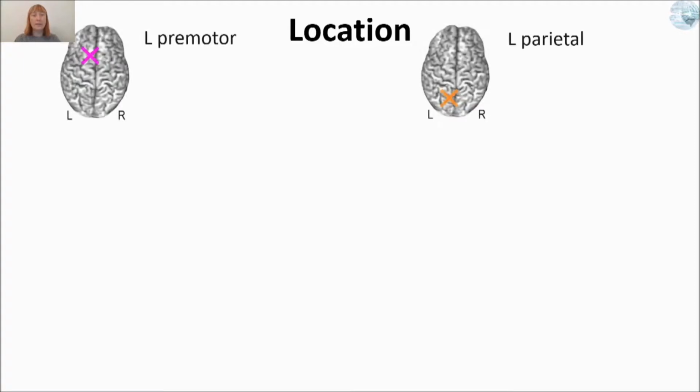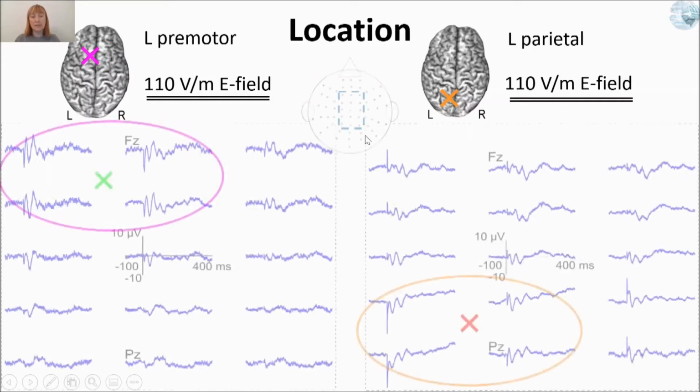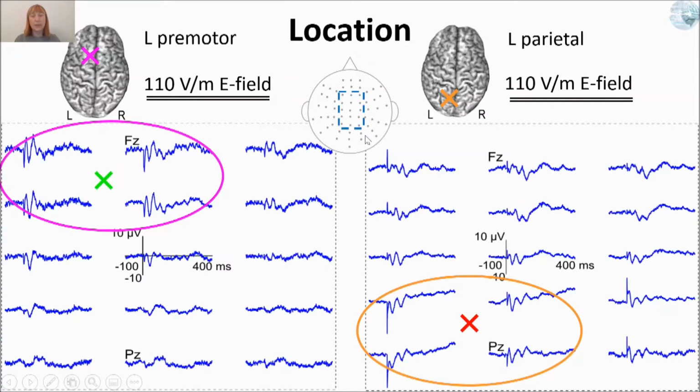If we apply this procedure when running TMS-EEG experiments, we immediately see that if we change the cortical stimulation site, for example, we stimulate the left premotor and the left parietal cortex at the same stimulation intensity, we should obtain different EEG responses, with the largest responses that follow the stimulation target.